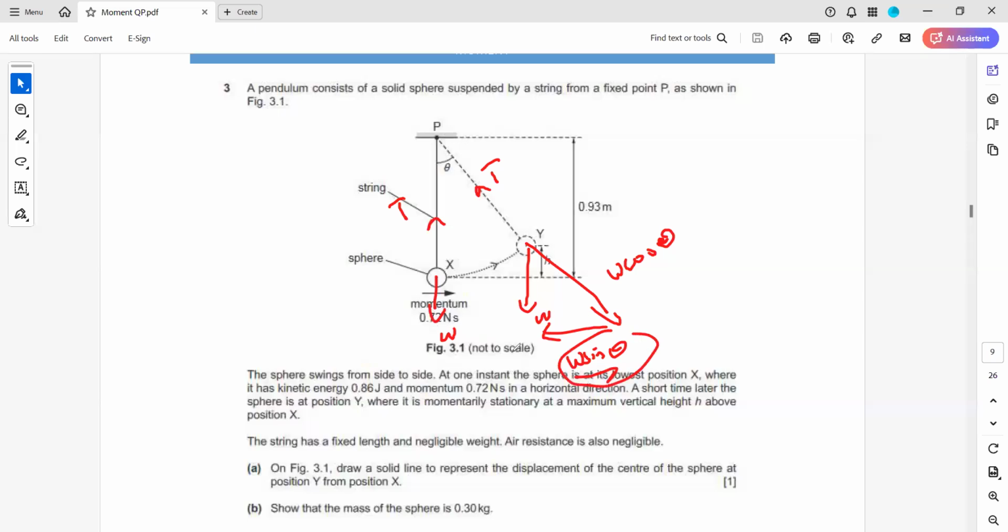That's why it is not in equilibrium. When it is momentarily at rest, T is equal to W cosine theta, but W sine theta is still there. So the weight is always acting and the resultant force is still there at all places. That's why we don't say it is in equilibrium, even though momentarily it is at rest. This component is never balanced.